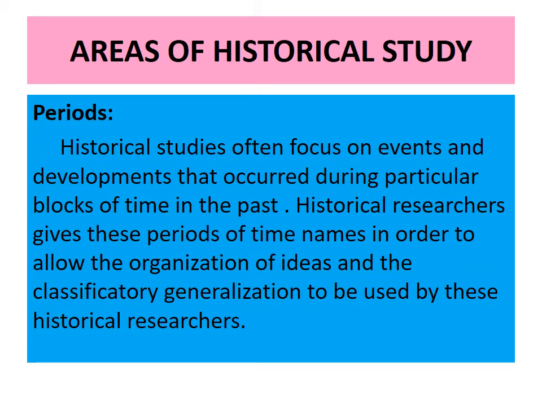Areas of historical study: periods. Historical studies often focus on events and developments that occurred during a particular block of time in the past, and historical researchers give these periods of time names in order to allow the organization of ideas and classificatory generalization. Whatever ideas or specific things we have, we find out and use in a generalized pattern.